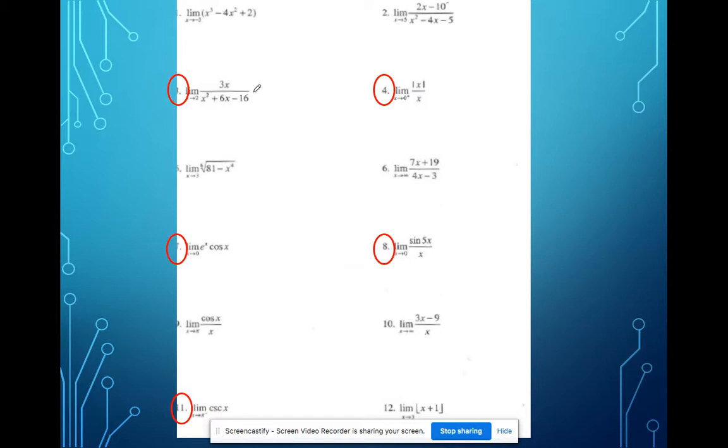So as I start off here with number 4, remember that your first step is to plug in. But when I plugged in a 2 into number 3, I'm going to factor this denominator.